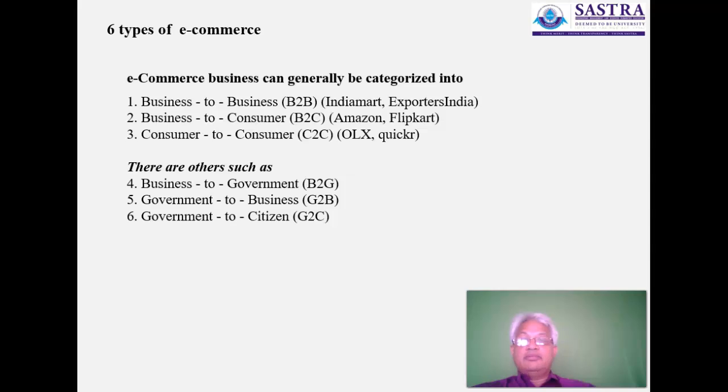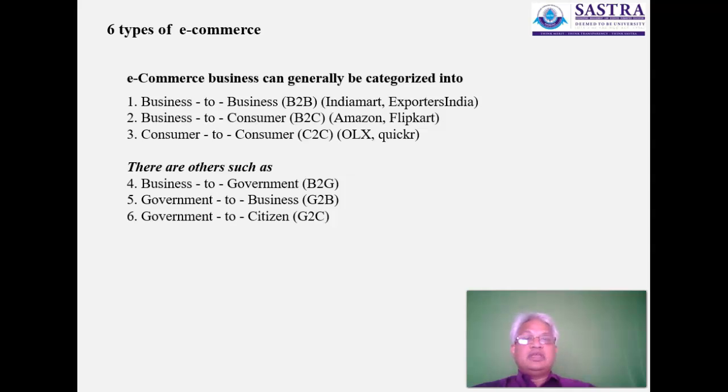Now, we'll understand different types of e-commerce, and we are separating them into 6 different types. E-commerce businesses are generally categorized into B2B, B2C, C2C. B2B means business to business. Business to business includes companies like IndiaMart or Exporters India.